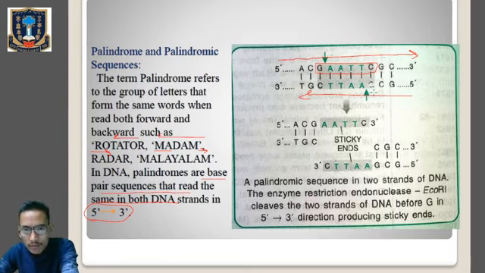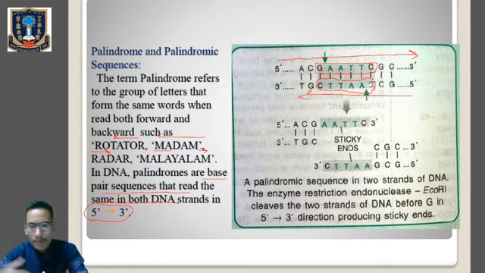Look at the sequences. This one is G, because there's cytosine, there is guanine, GC, AT, GC. So this is G. Clear? GAATTC. So that means these sequences are being read in the same way when we go from 5' to 3' direction, and again backward from 5' to 3' direction.